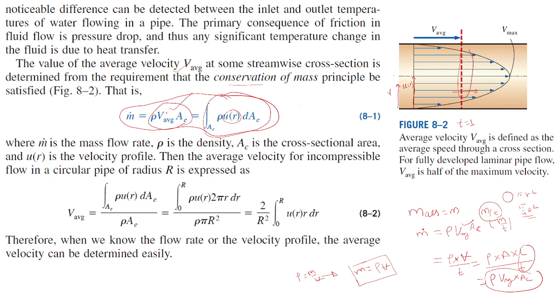If we correlate from here, at each point this term is written in the average form, and this term is written in the function form and integrated over the area. So this should be equal.